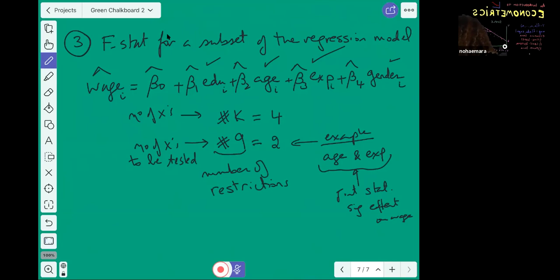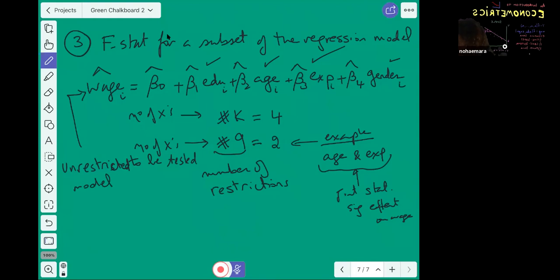In order to be able to compute that, we will need to run this regression twice. This regression, as you see it here, is called the main model or the unrestricted model.